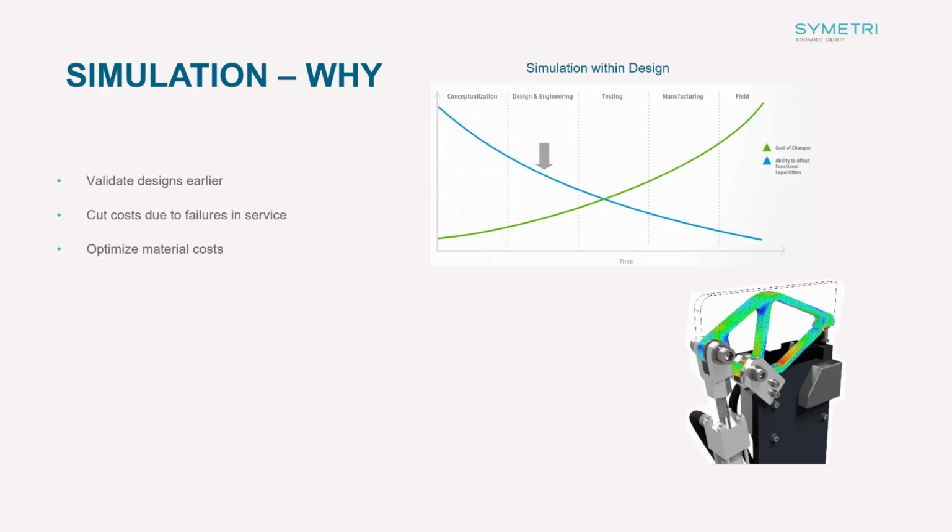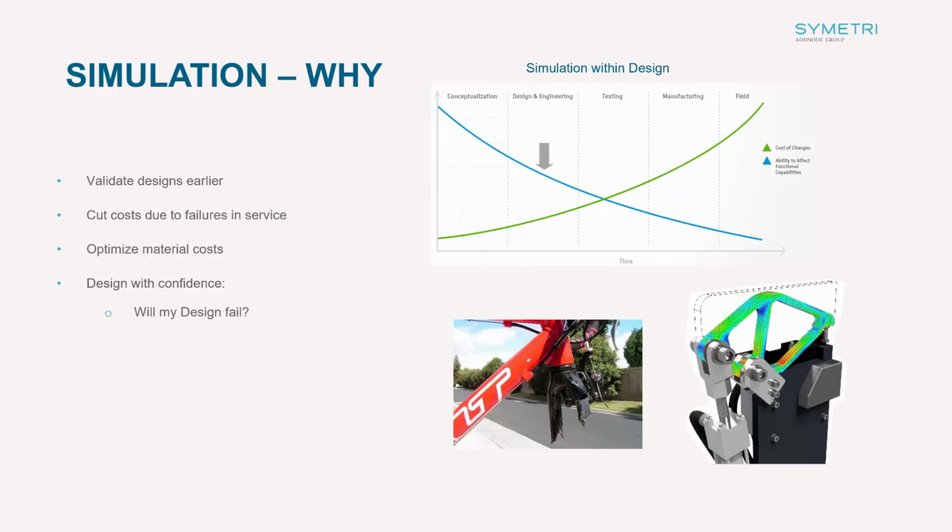So essentially, your product can be lighter, can be faster to market as well, and you can have full faith within your designs. So you don't have to worry about the questions that engineers face on a day-to-day basis. Will my design fail? What happens if the product is dropped from a certain height?